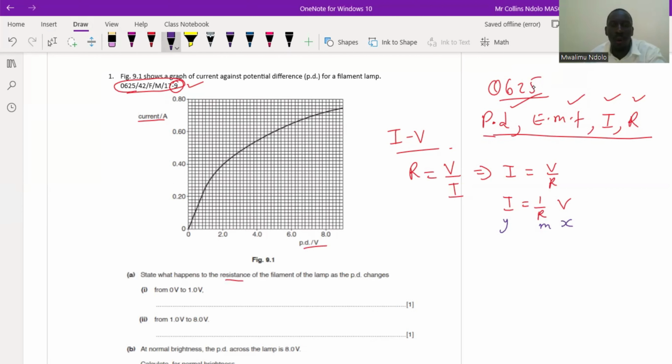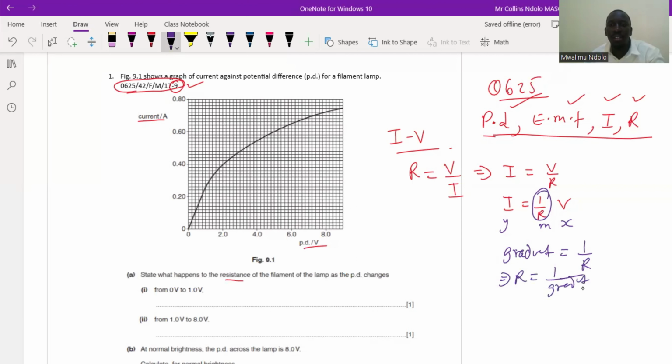We don't have a Y-intercept from the graph, as you can see. So it means that the gradient is equal to 1 over R. In other words, R is equal to 1 over the gradient.